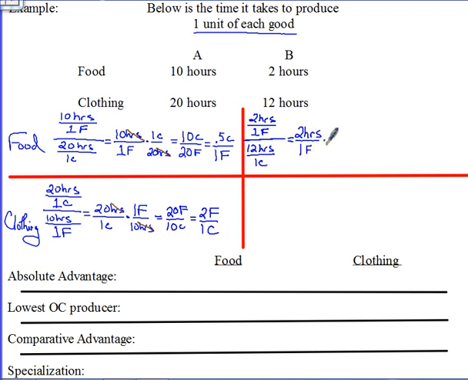2 hours over 1 food times 1 clothing over 12 hours is equal to, all right, so my hours are going to cross. So I get 2 times 1 clothing divided by 1 food times 12.